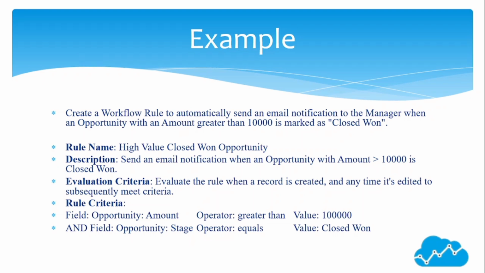Evaluation criteria: evaluate the rule when a record is created and any time it's edited to subsequently meet criteria. Rule criteria: opportunity amount greater than 10,000 and opportunity stage equals closed won.